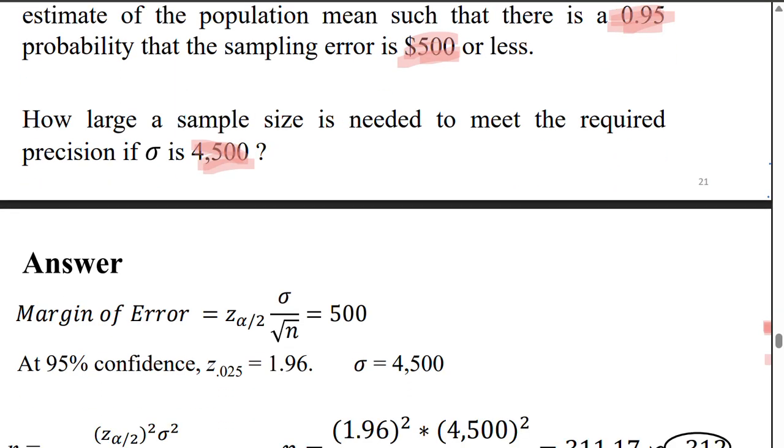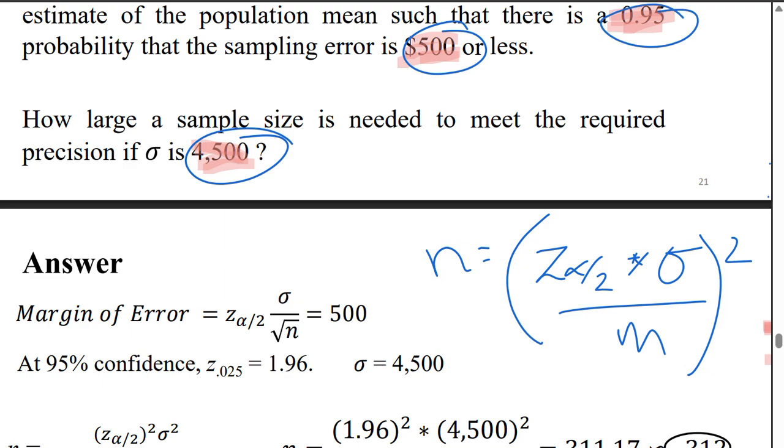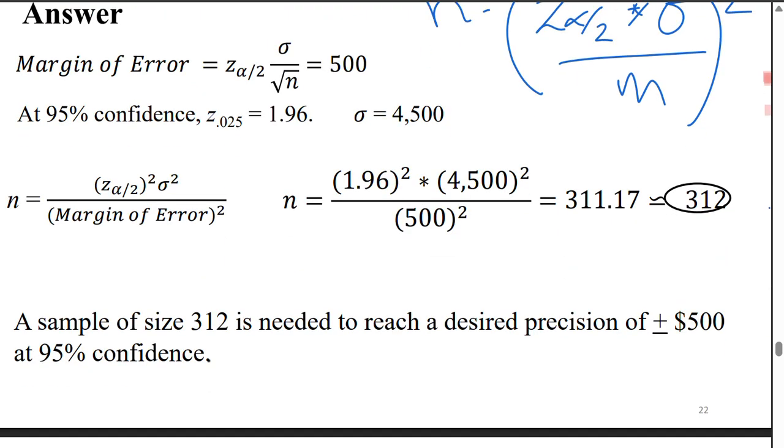Again, our formula said our sample size n is equal to our z alpha over 2 value multiplied by the population standard deviation over the margin of error, all squared. We know our margin of error to be 500, our population standard deviation is 4,500, and our confidence level is 0.95. So knowing our confidence level to be 0.95, we can substitute the values in.